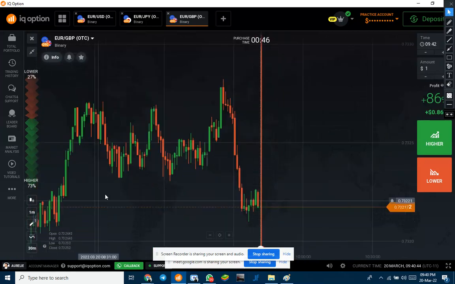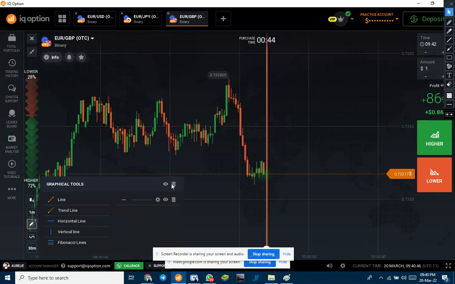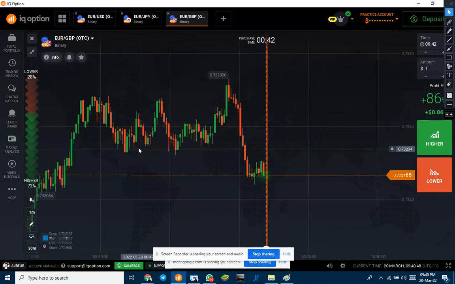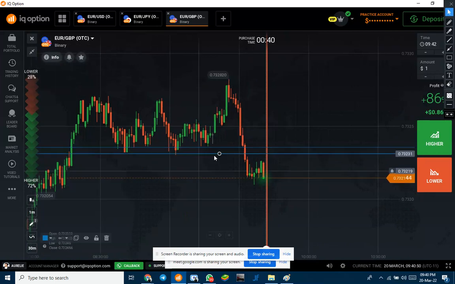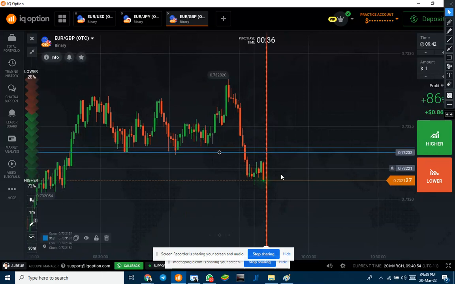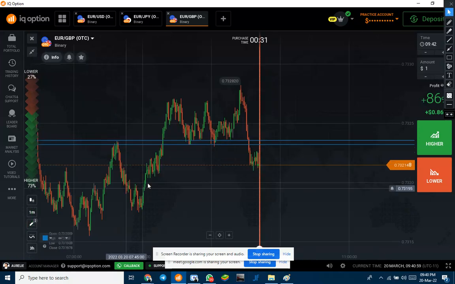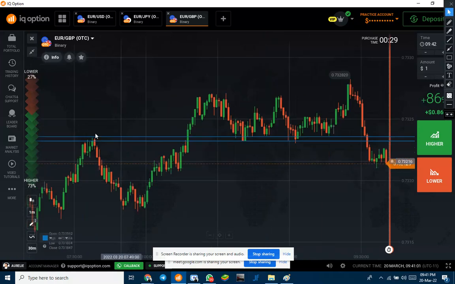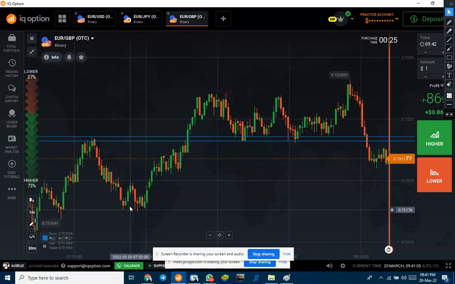Key factor, support, we are expecting to become resistance. Although it's a resistance here, that is a good key factor level.